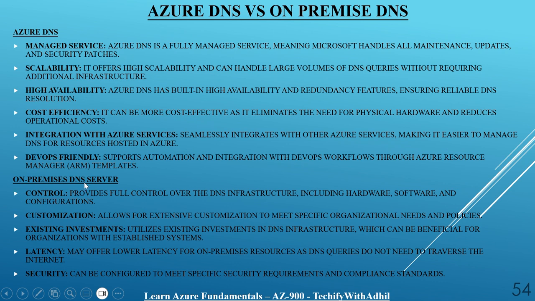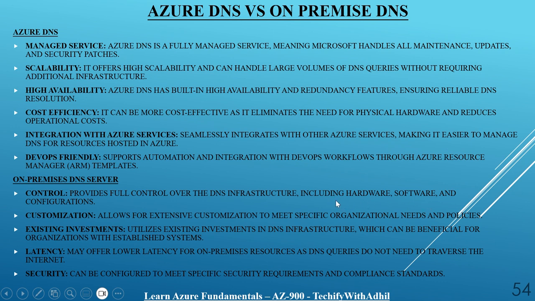Then the on-prem DNS server. As we know in general, when we are having on-prem, we have full control over it. We have also seen the advantage of having an on-prem server in my previous video on Azure virtual machines, and what the difference is of having the machine on our on-prem.